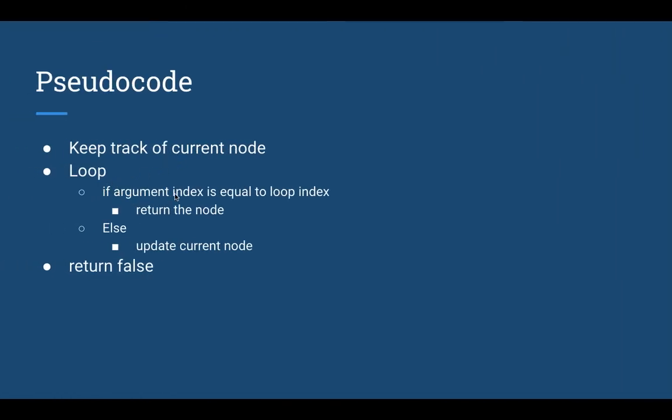Next within our loop, we want to check if the argument index is equal to the loop index, then return the node. That would mean that if this condition is true, then we've arrived at the location within our list, therefore we can return the node.